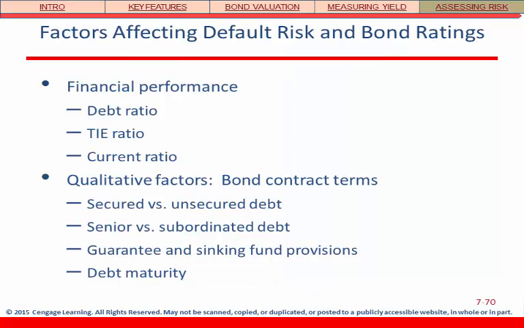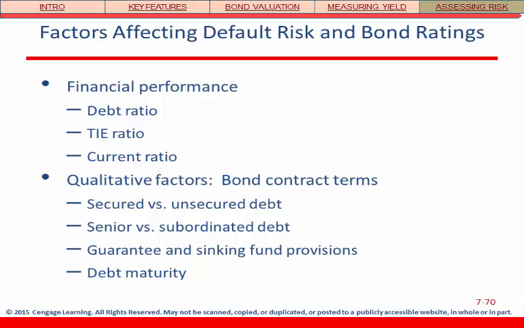So what are some factors that affect default risk and bond ratings? Okay, well, Moody's and S&P are going to have to take a look at certain specific numbers to figure out the default risk anyway. We don't know exactly what their equations look like and what they take into consideration. But here are some things that we do know that they look at. They're going to look at the debt ratio and the current ratio and the times interest earned ratio.